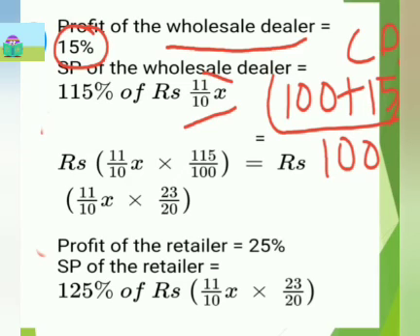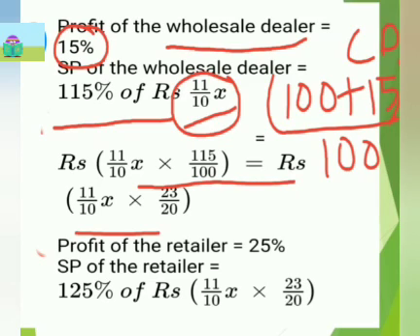So the CP is what? 11 upon 10 X. When you solve, you will get 115 upon 100, you will bring it into the lowest terms. So this is the selling price of the washing machine for the wholesaler.